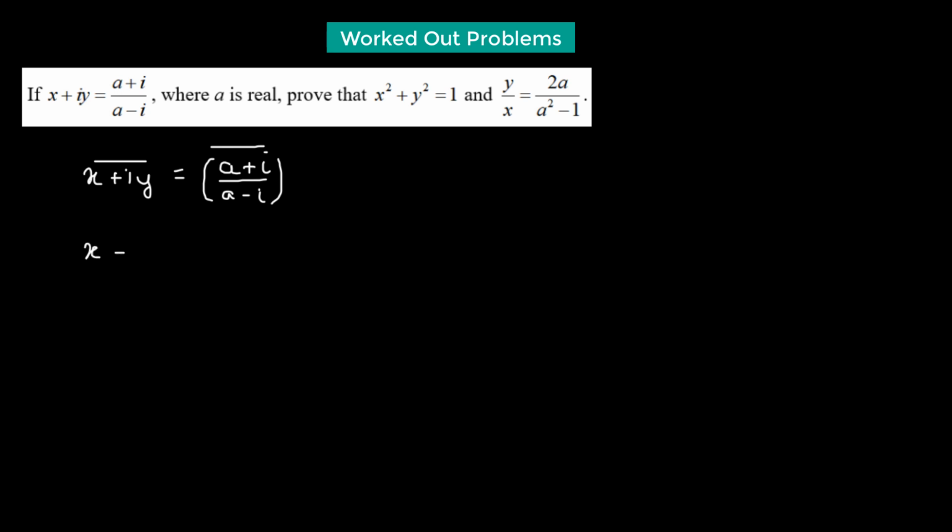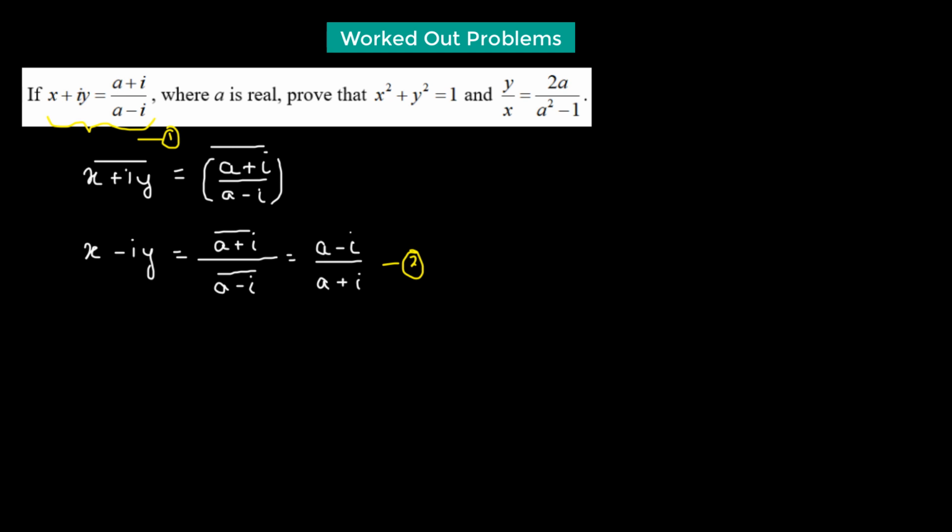That should give us x minus iy equal to the conjugate of a plus i divided by the conjugate of a minus i, which is equal to a minus i divided by a plus i. Now we're going to consider this one as equation number 1 and this one as equation number 2.